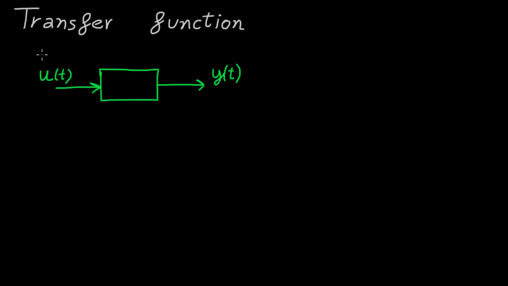We've already learned to conceive systems, to think of systems as mechanisms of transforming signals. So for example, in this system here with one input and one output, the system acts upon the input u of t to produce the output y of t, and it does so according to certain transfer characteristics.